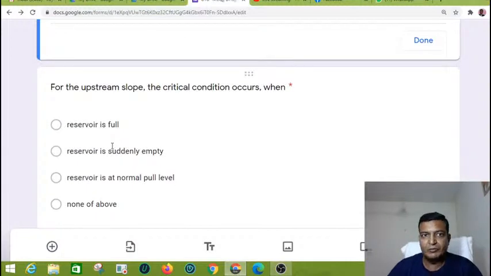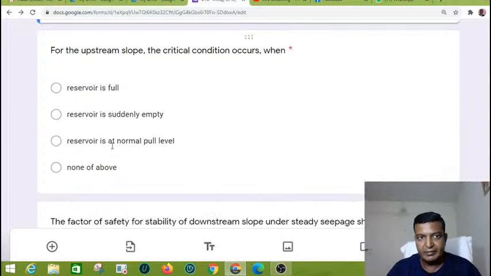For the upstream slope, the critical condition occurs when: suddenly empty, reservoir is full, reservoir at normal pool level. Read the objective twice.